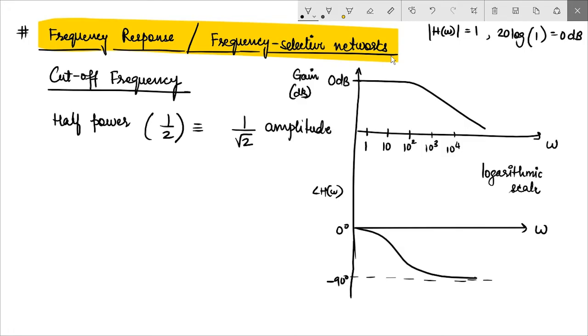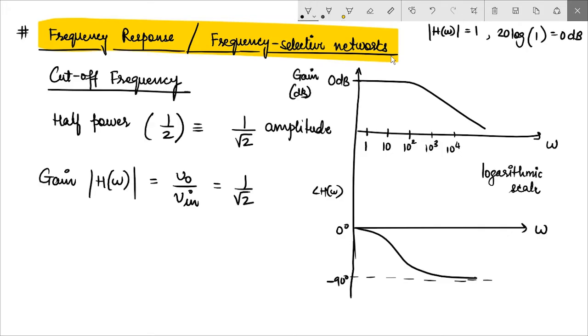That means whatever was the input voltage, the output is 1 by root 2 times that voltage. So if we were to consider gain, not in dB yet, the magnitude value, that would mean that output upon input becomes 1 by root 2 at that frequency.